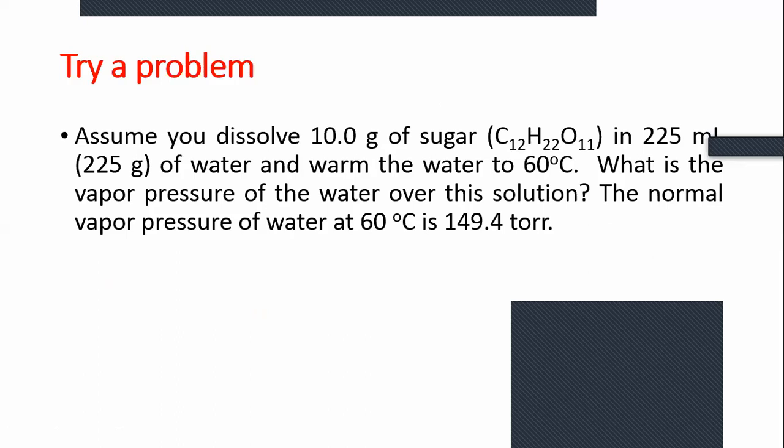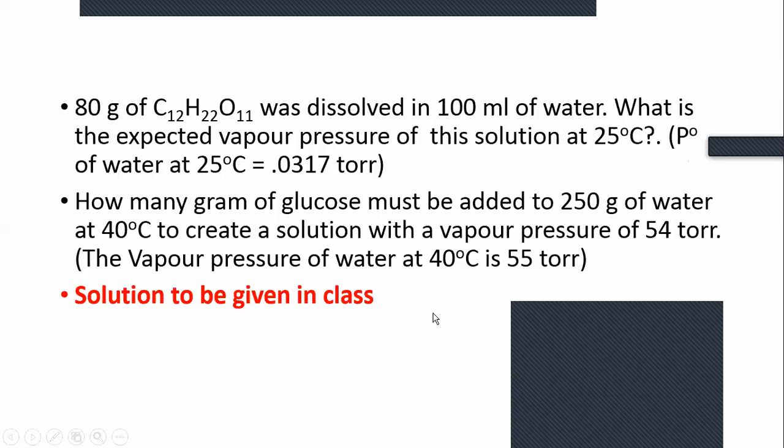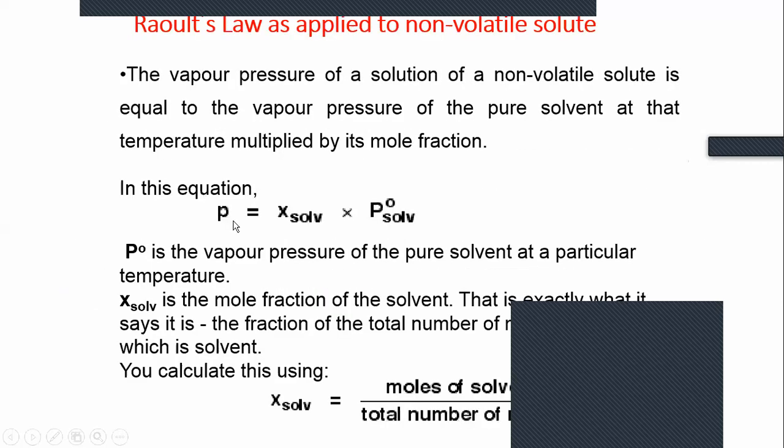Okay, we got 0.98 from the equation. Are you listening? The equation says P solution, which is given as 54, is equal to X solvent, which is your water, multiplied by P dot of solvent, which is P dot of water.